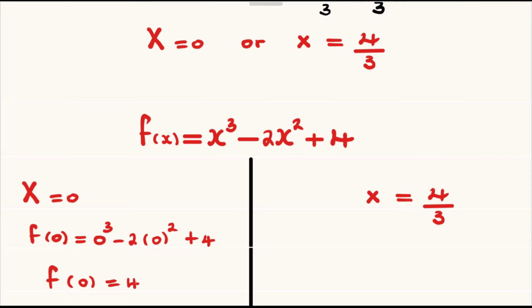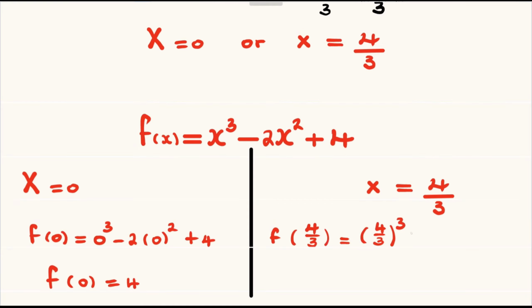Now we determine the corresponding y value for x is equal to 4 over 3. So f of 4 over 3 will be equal to 4 over 3 raised to the power 3 minus 2 multiplied by 4 divided by 3 raised to the power 2 plus 4.